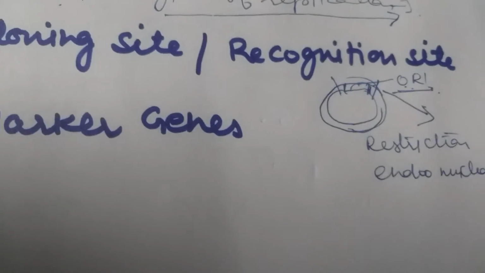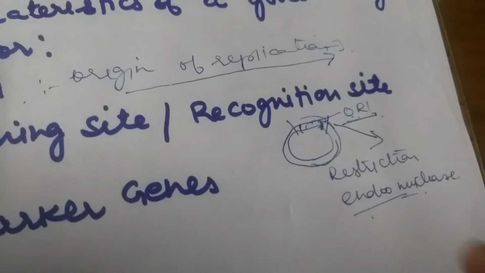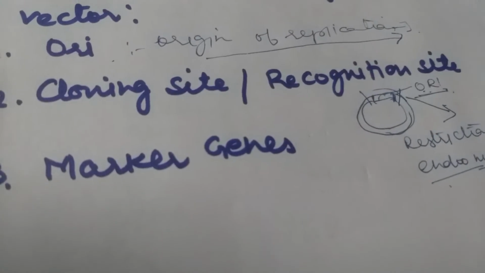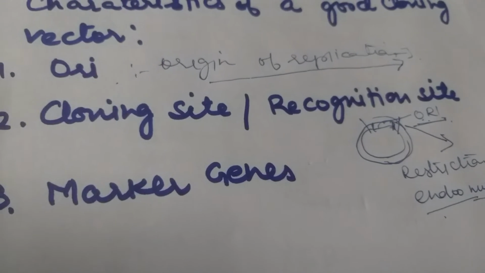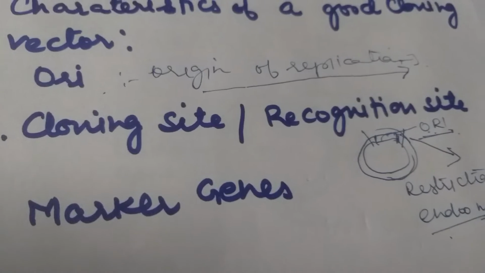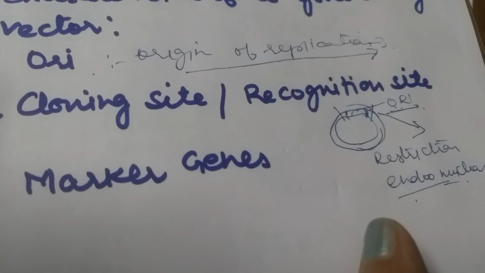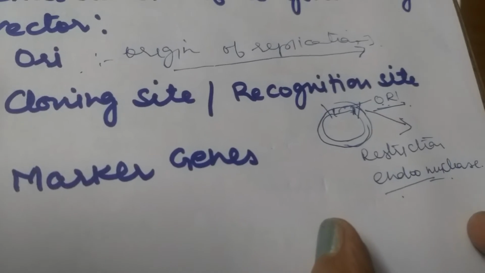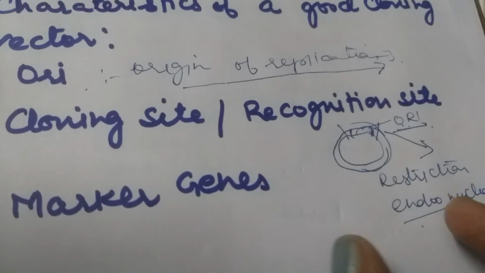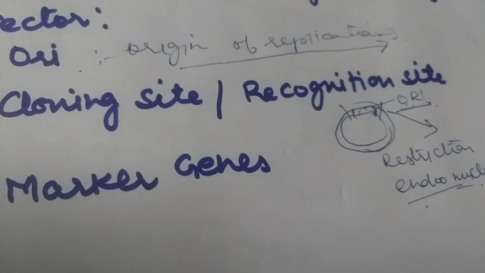That is the reason for the name recognition site: that particular site can be recognized by the endonucleases, which cleave it, and using these specific restriction endonucleases, inserts could be added or removed at those sites.